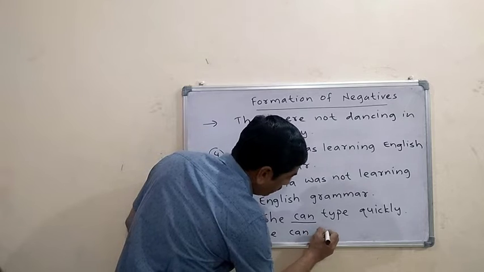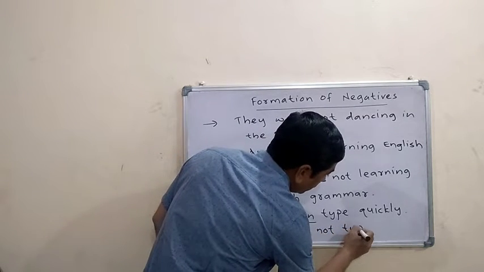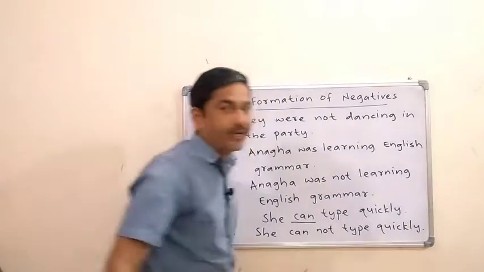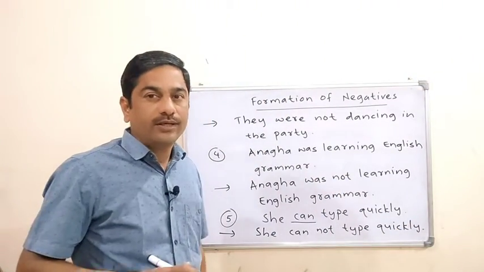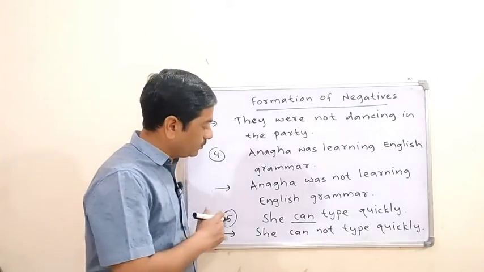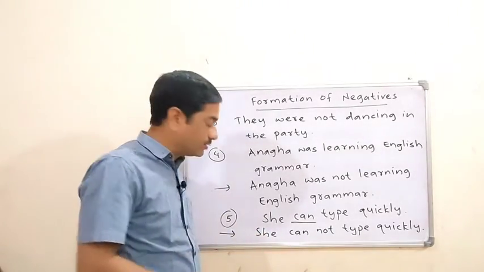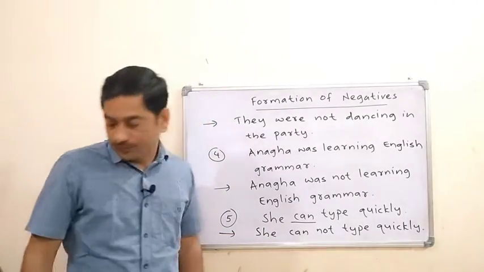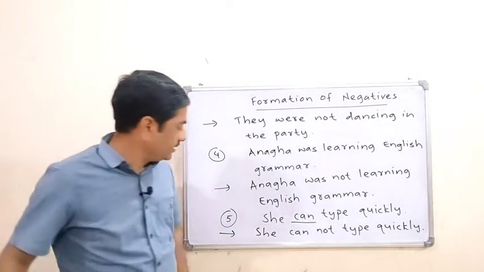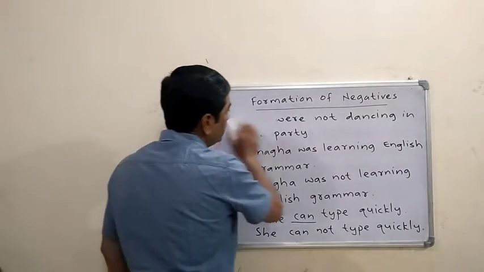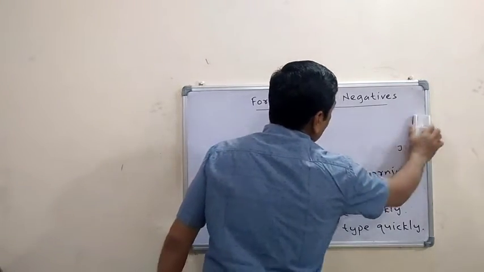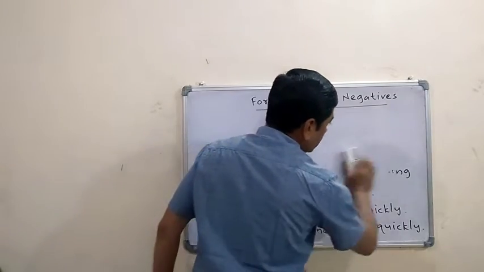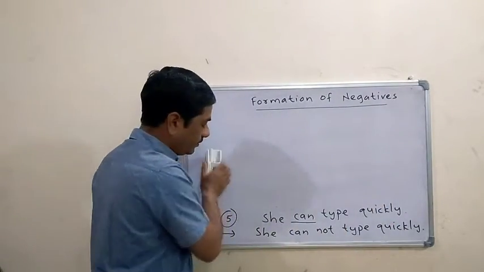She cannot type quickly. Can't is the short form or contracted form of cannot. So you can write the same sentence in this way also. She can't type quickly or she cannot type quickly. So we have taken some affirmative sentences, and we studied how to change these affirmative sentences into negative sentences. Okay, we will study a few more sentences.